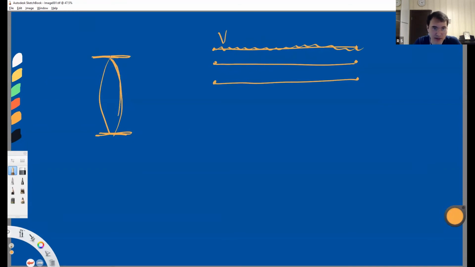We have these vocal folds that are fixed between two cartilages, 1 and 2. Whenever we pass air through them, imagine them in an X, right? This is from the top, and this is the anterior view, or from the front.